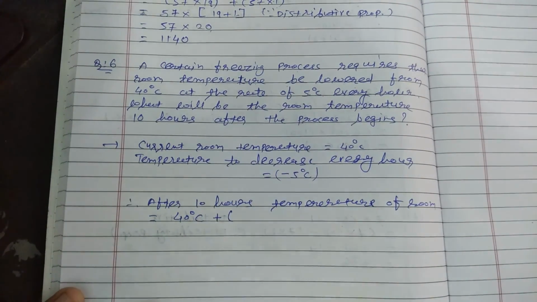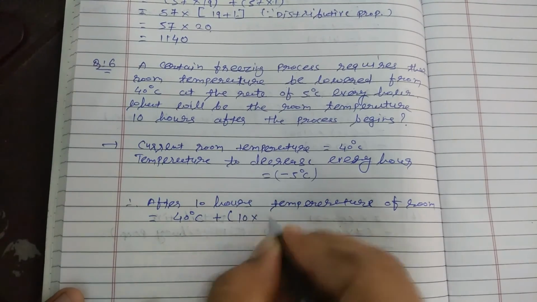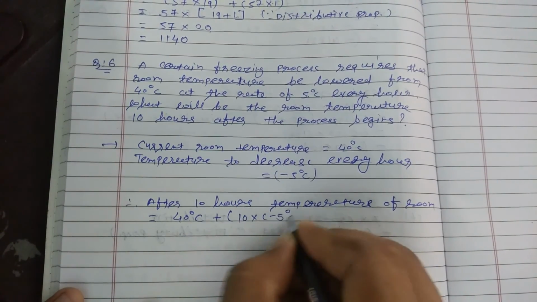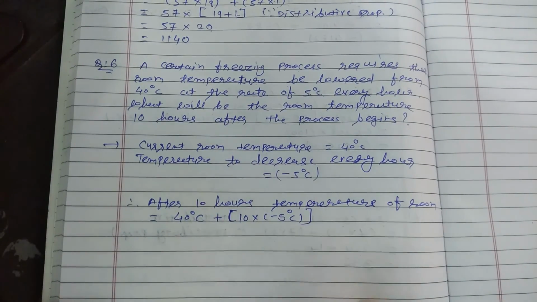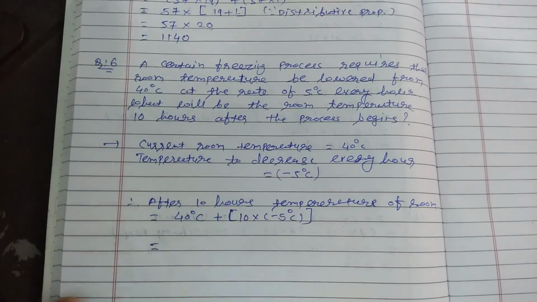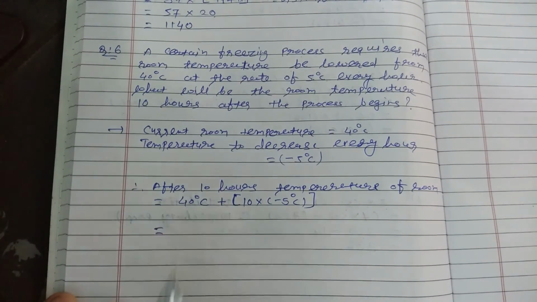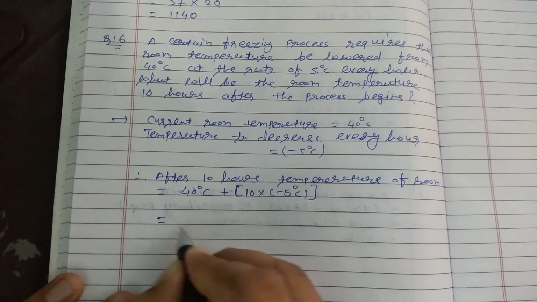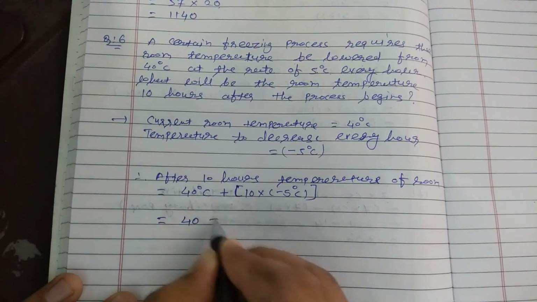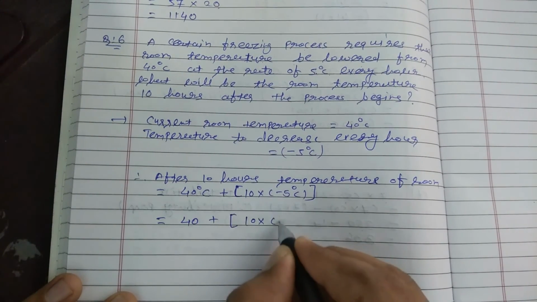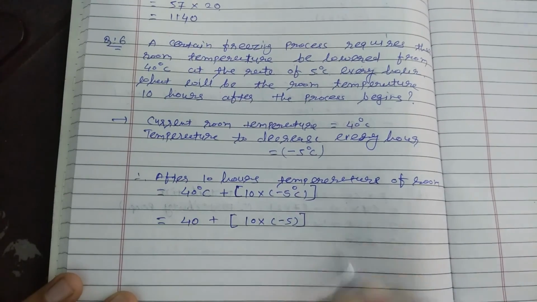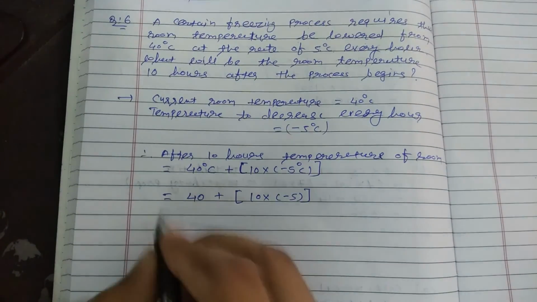That is 10 multiplied by minus 5 degrees centigrade, in a big bracket. We will write this as integers, no need to write the degrees. So in integers I will write 40 plus, in the big bracket, 10 multiplied by minus 5.